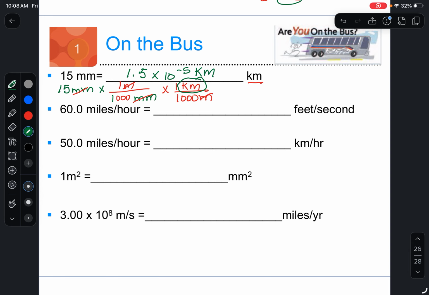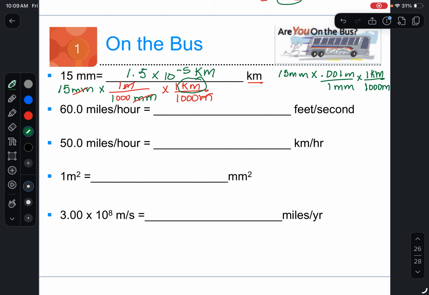And as you see on your sheets, there's many different conversions. As long as your units cancel, you can use any of the conversions that would apply. So for example, another way to do this, we would have started with 15 millimeters, and let's use a different conversion. We have 0.001 meters is 1 millimeter, and then in 1 kilometer, we have 1,000 meters.